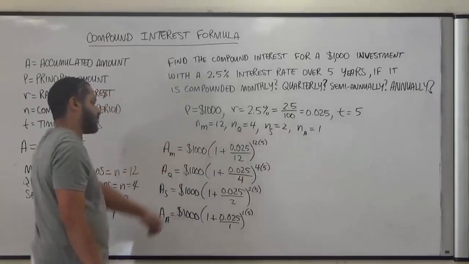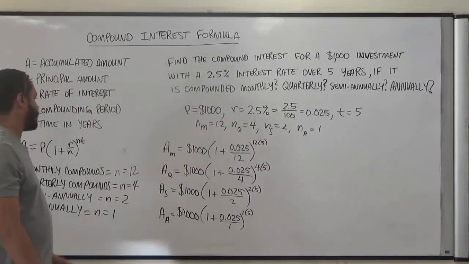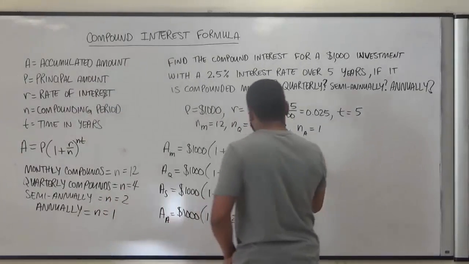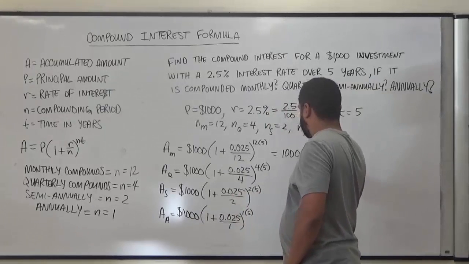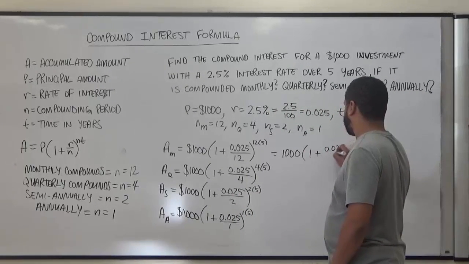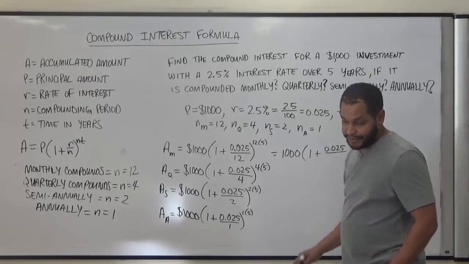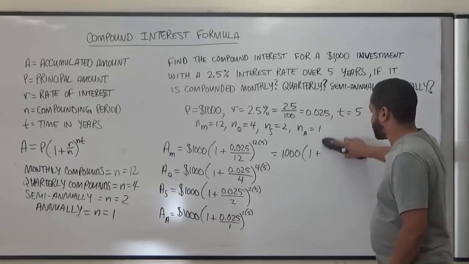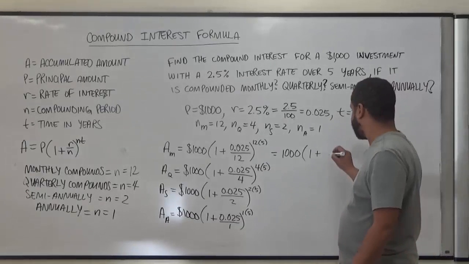Now let's rewrite these so we have solid powers and then we can get to the calculation phase. So here we're going to have 1,000 times 1 plus 0.025 divided by 12. And here I'm just going to rewrite this so it looks exactly as it will look on your calculator.